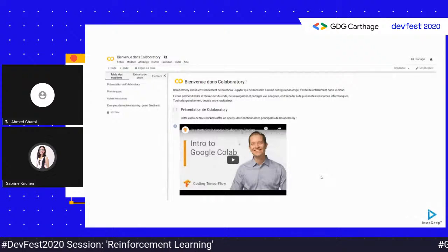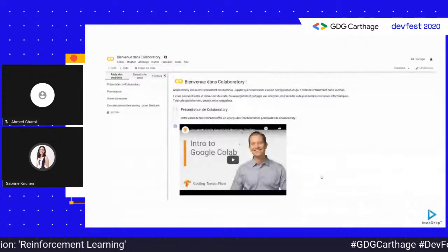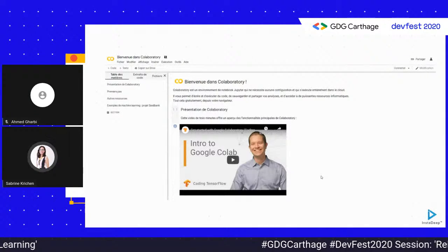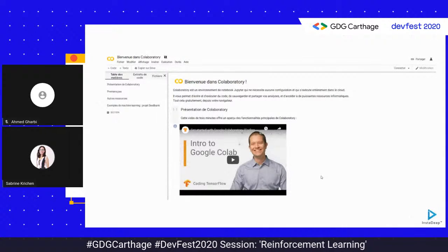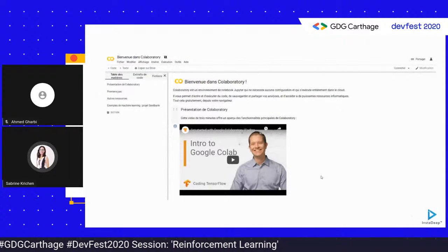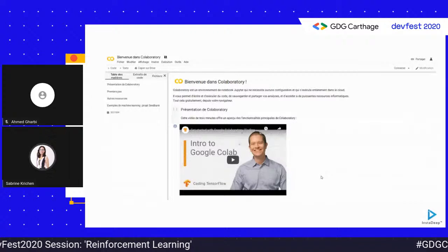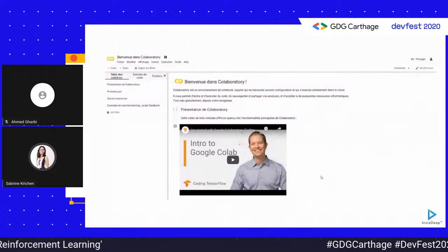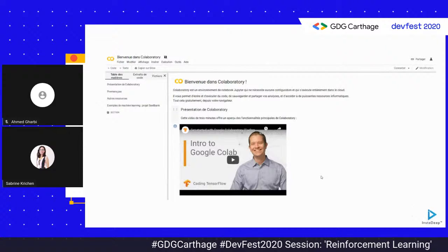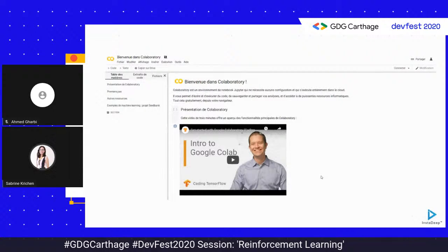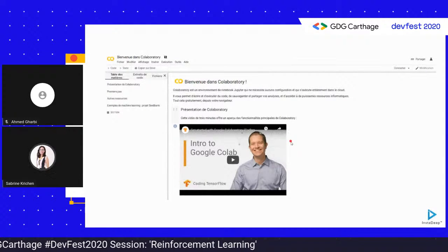Okay, so now we're going to try to do a little application of what we've learned in the previous slides of Q-learning. So we're going to use Google Colab here. So you have to connect to Google Colab.